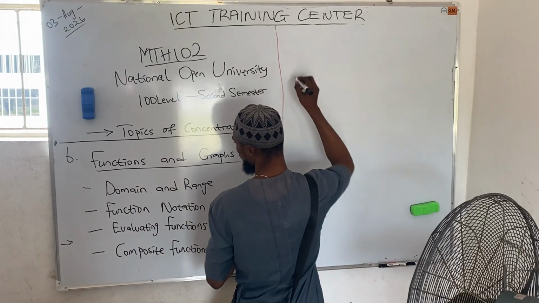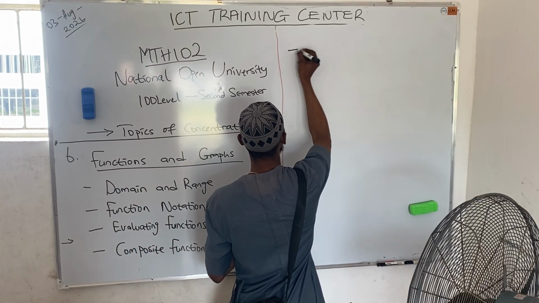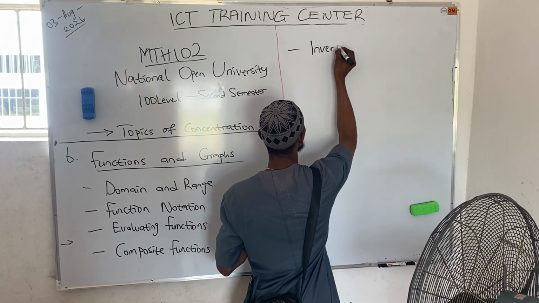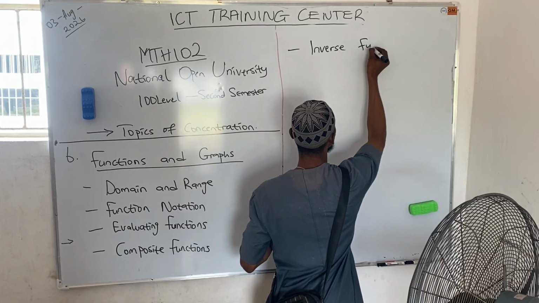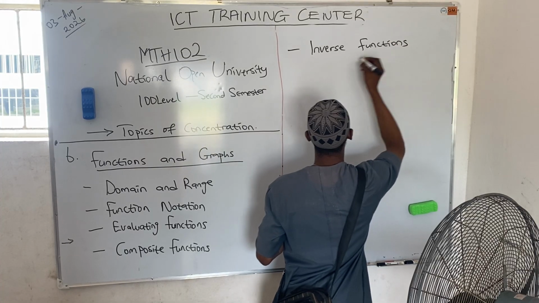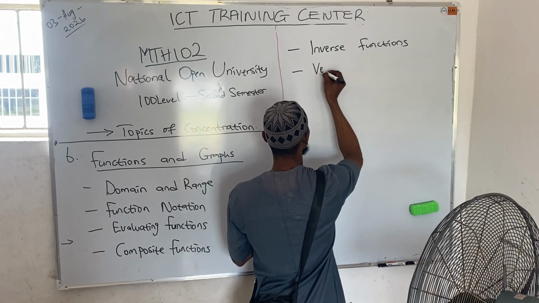Now the fifth one here, because the last was 4, is inverse functions. The sixth one here is the vertical line test.